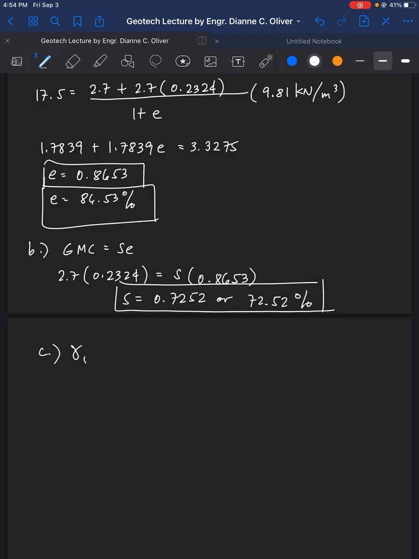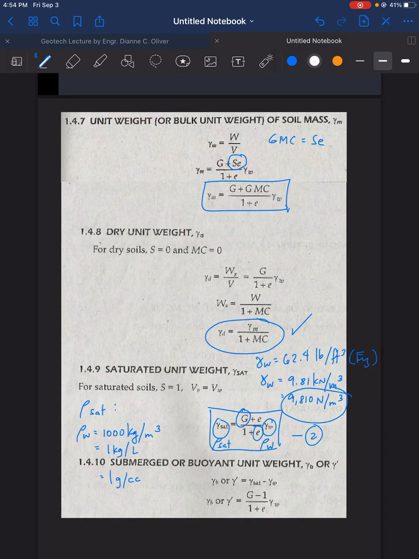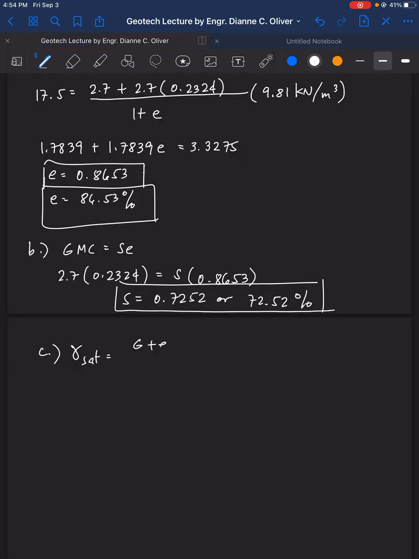Gamma sat formula is G plus E over 1 plus E gamma W. So gamma sat is equal to 2.7 plus 0.8653 divided by 1 plus 0.8653 times gamma of water, that is 9.81 if we are talking about kilonewton per cubic meter.